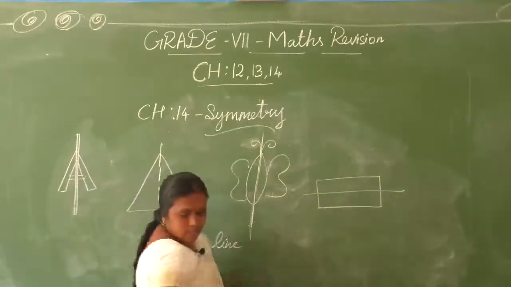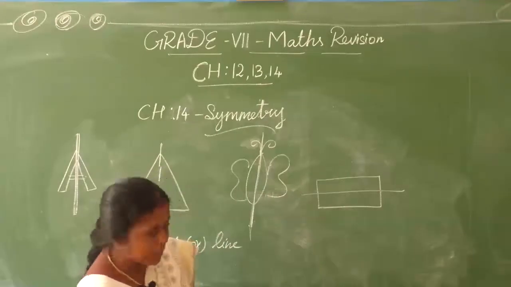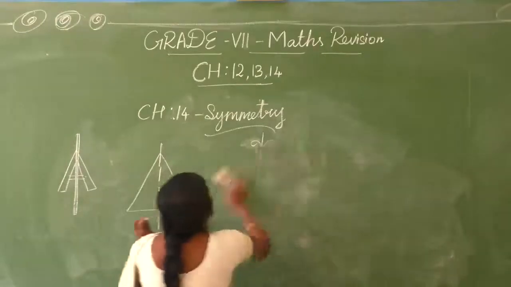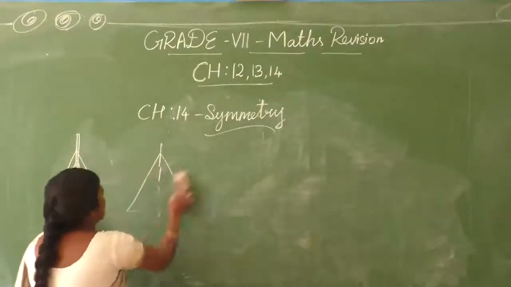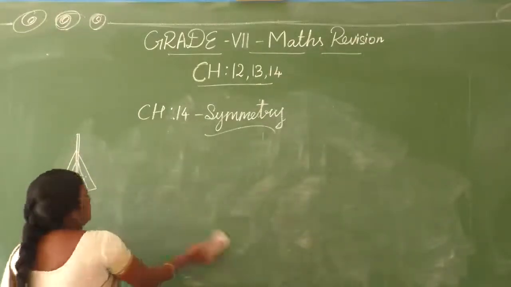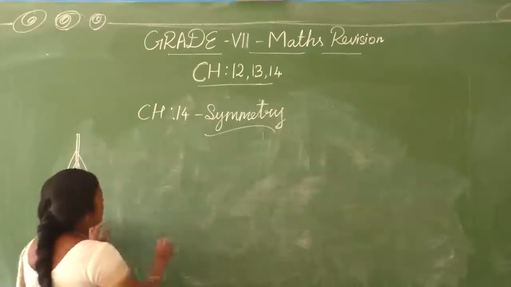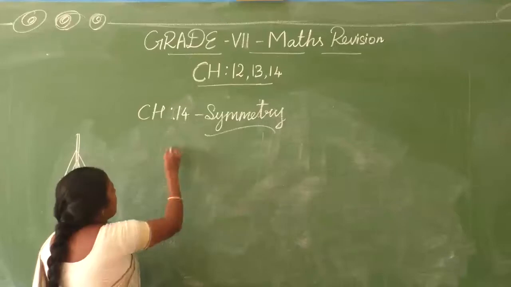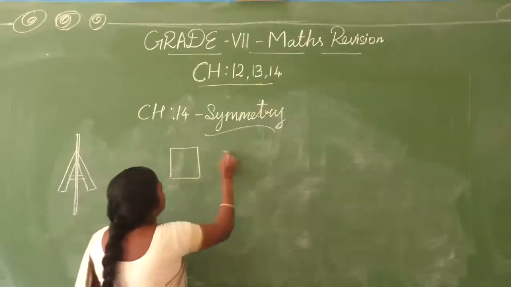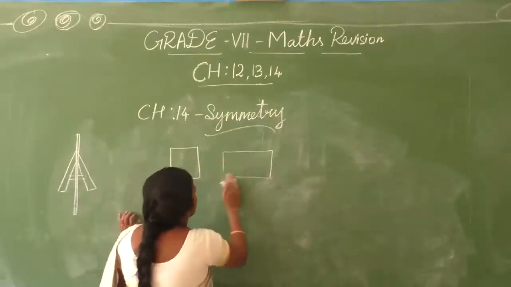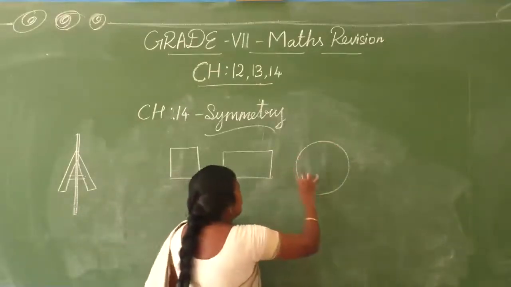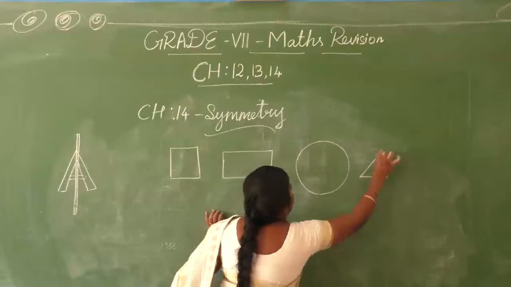Like this, the number of lines of symmetry is there in plane figures. See, plane figures means what are the plane figures? Square, rectangle, circle, triangle.